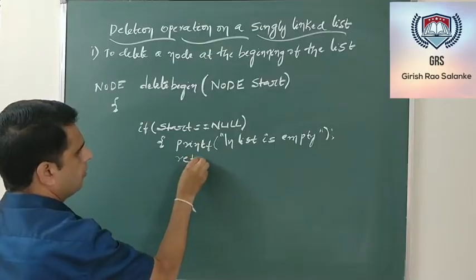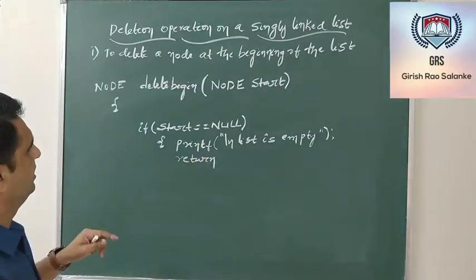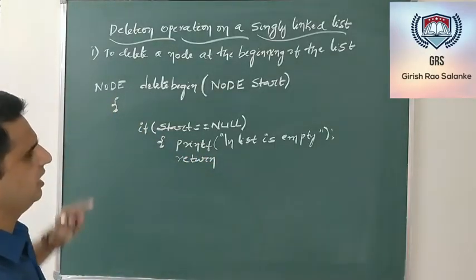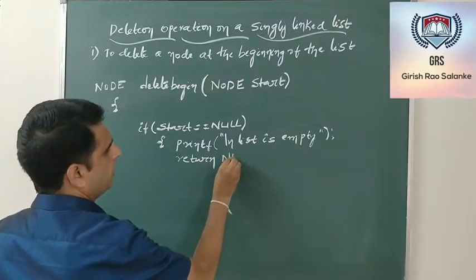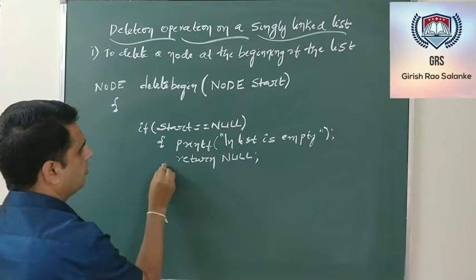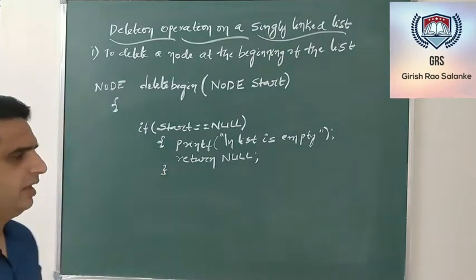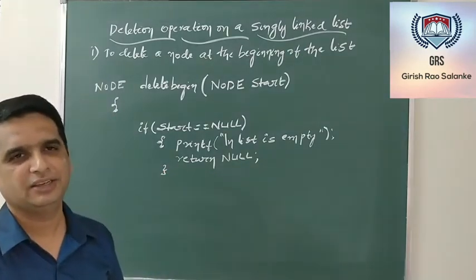Return. This delete function has to return an address, so if you write return start there is no problem. Even if you write return null there is no problem. So if the list is empty, then you can't perform a deletion operation.